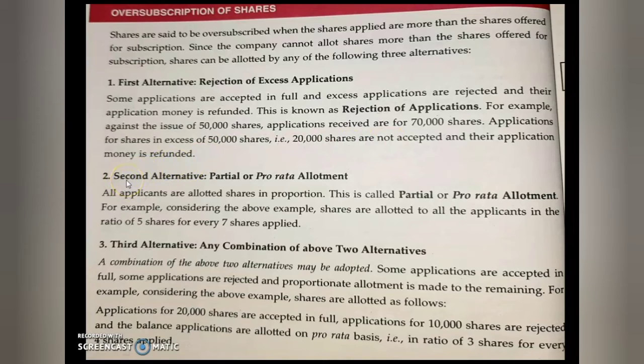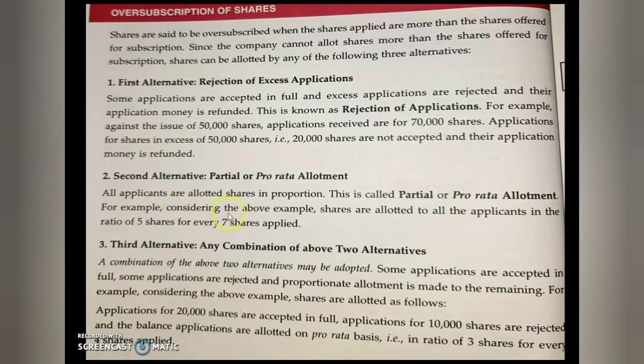Then the second alternative available is partial or pro rata allotment. Pro means proportionate rate. In proportion they can allot the shares. All applicants are allotted shares in proportion. This is called partial or pro rata allotment.